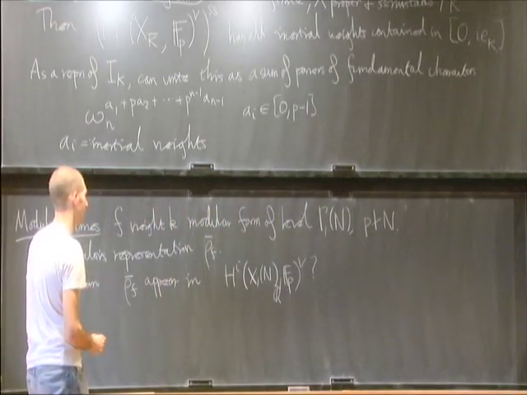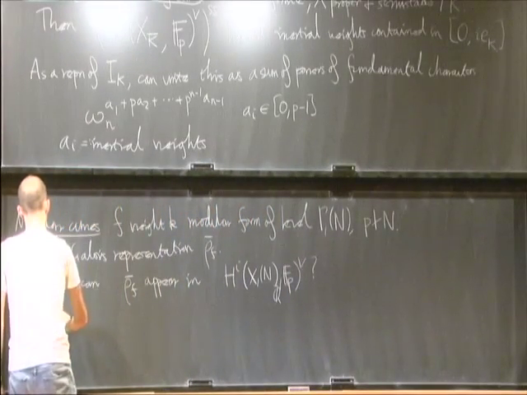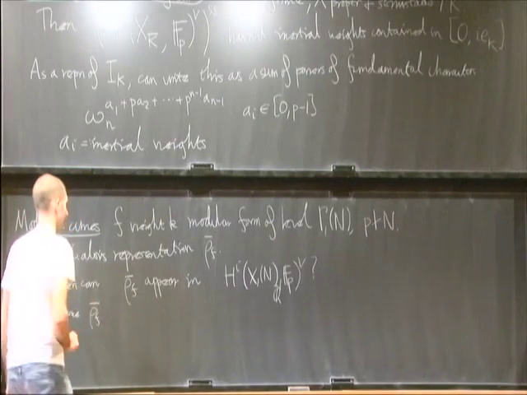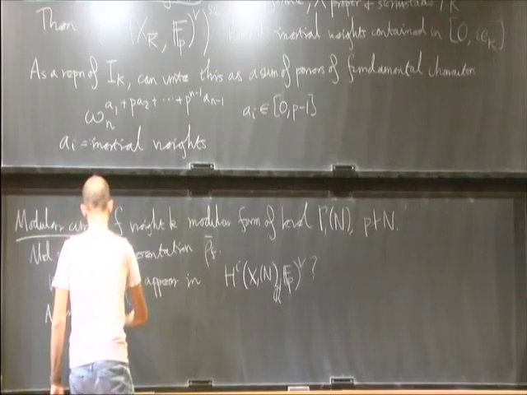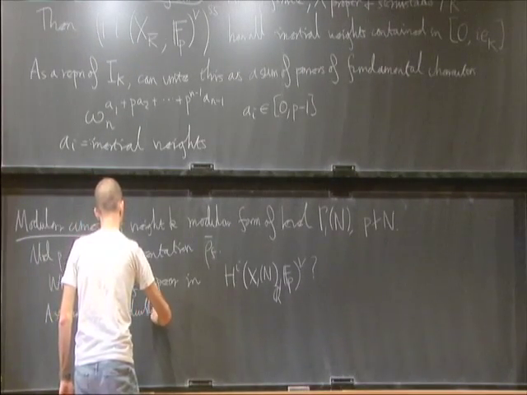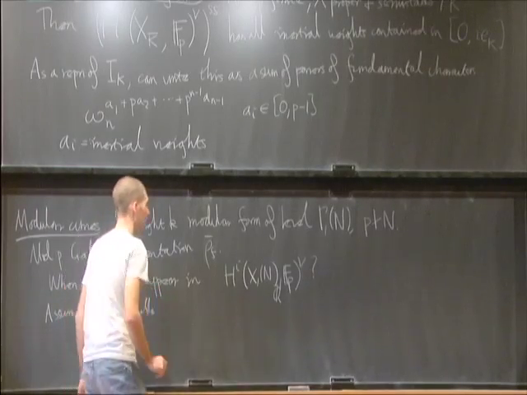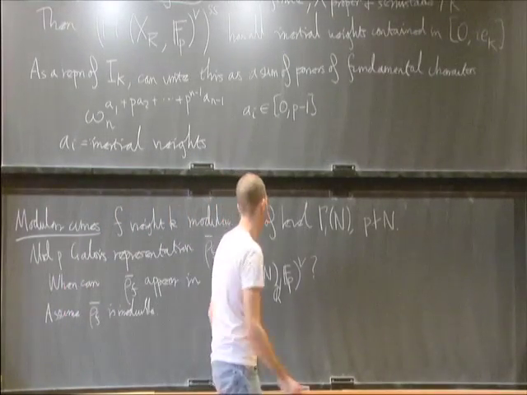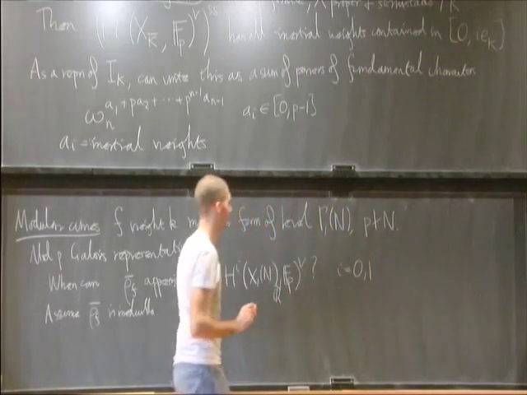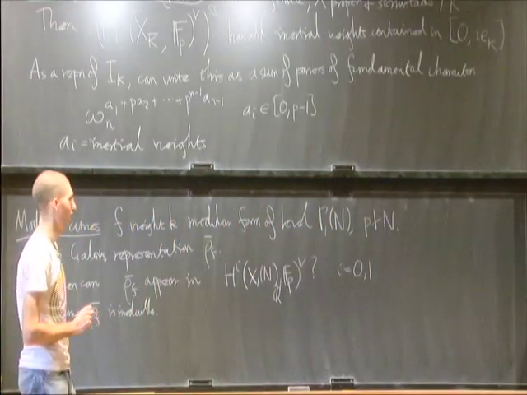OK, well, for simplicity with these global things, let's just assume that the global representation is irreducible. I certainly don't want to assume the local representation is, but it's going to be simpler to assume this is irreducible. And maybe we won't bother thinking about H^2. That's kind of just dual to H^0. So let's think about i being 0 and 1.